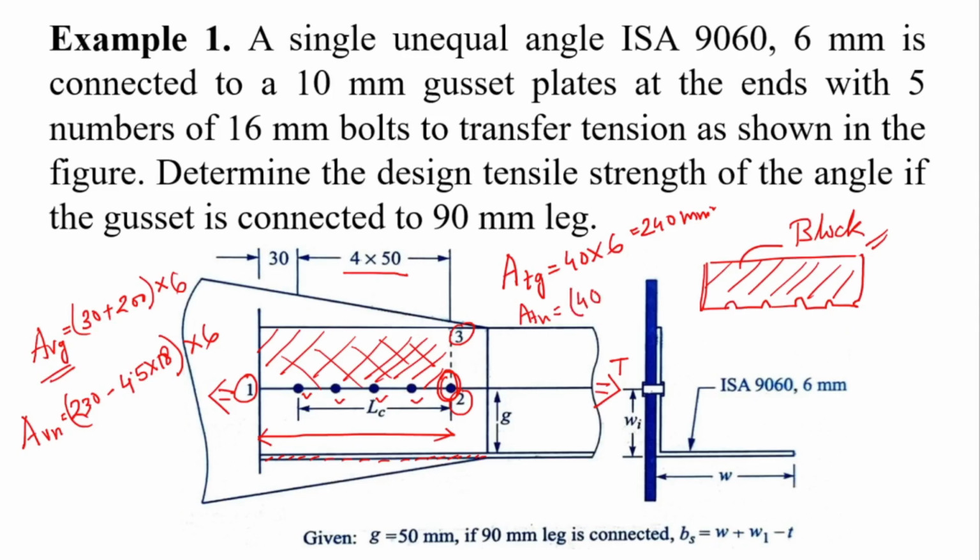So 40 minus half of the diameter of the bolt hole, that is 0.5 into 18, into 6, which comes out as 186 mm square.